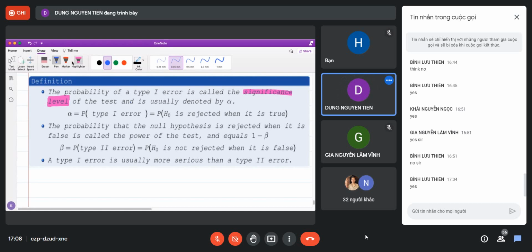If the power of the test is big, then you have a great chance to reject the null hypothesis when it is false. If the power of the test is small, then you don't have much chance to reject the null hypothesis when it is false. So obviously, the greater the power, the better. Am I right? Okay.